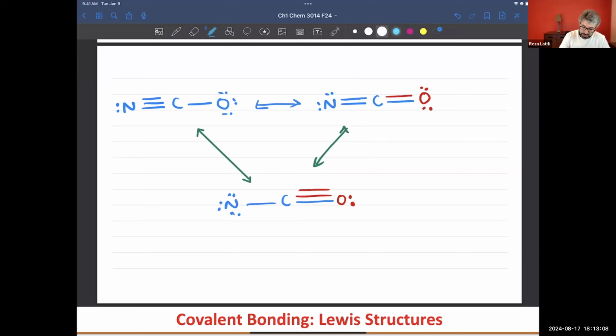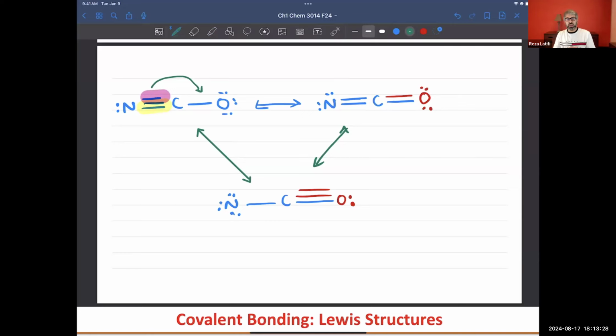If I highlight the triple bond, the triple bond used to be between carbon and nitrogen. Now we turn it into a double bond. How did we move it? I'm going to highlight the top one. The top one, we moved it here.